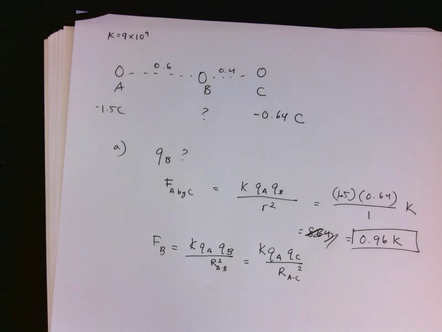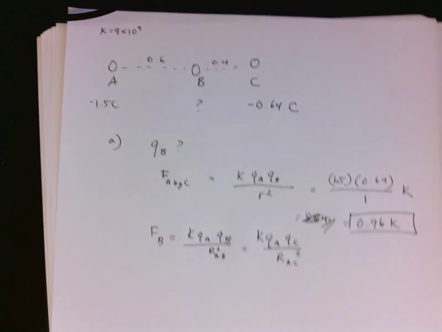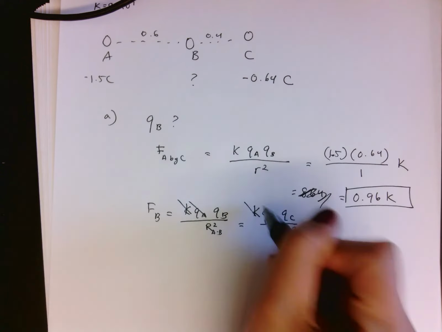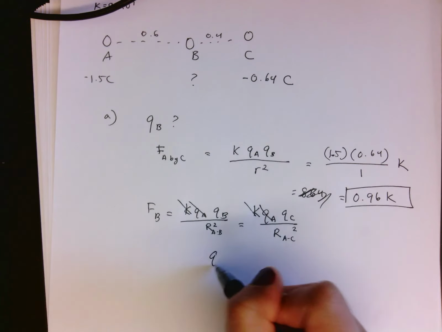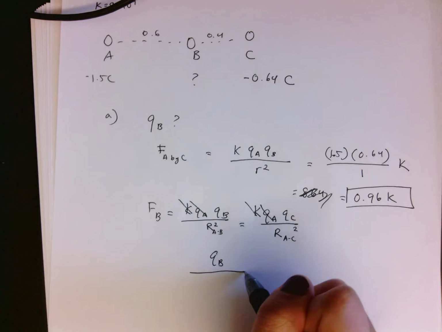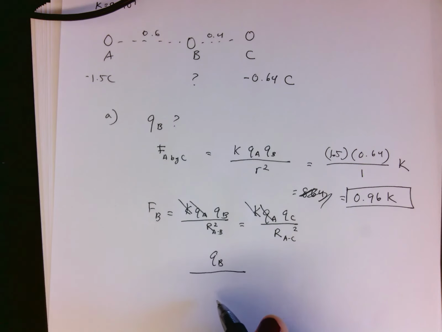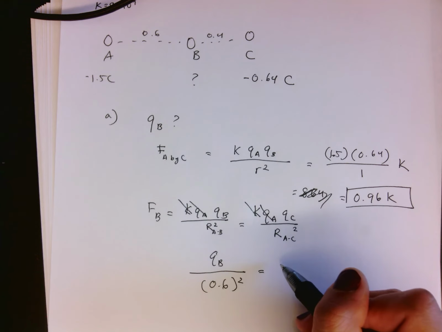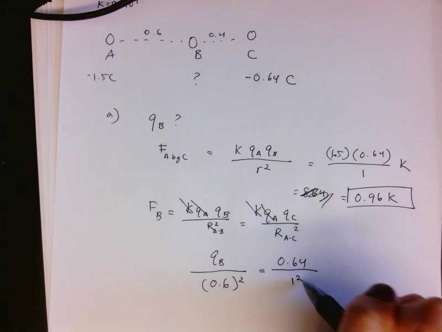So, we should have just started with this equation, because here we can cross off the K's, and we can also cross off the QA's. So we're left with the charge of B over the R squared, which is 0.6 squared, is equal to the charge of C, which is 0.64 over 1 squared.